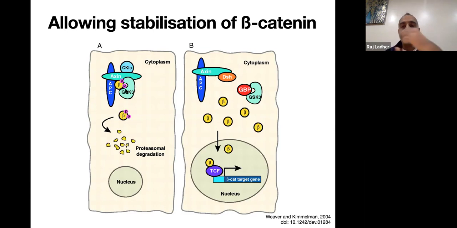When the cortex rotates, you now have an area where this GSK3 binding protein is able to bind and inhibit GSK3 beta, allowing beta-catenin to become stabilized. Beta-catenin now can travel into the nucleus where it binds to this protein TCF and forms a transcriptional activator to turn on particular genes.